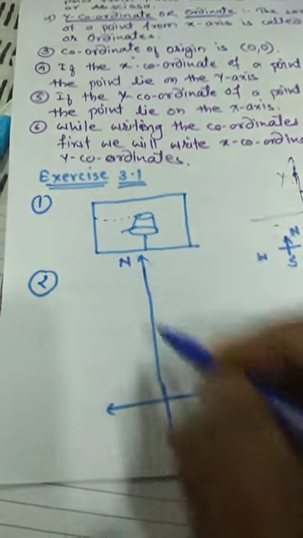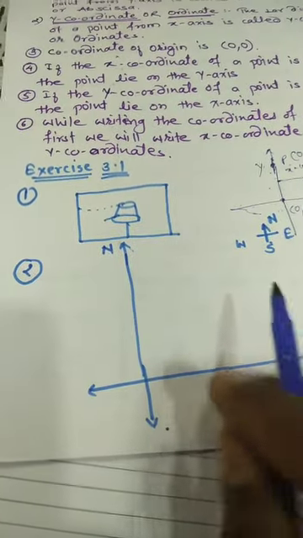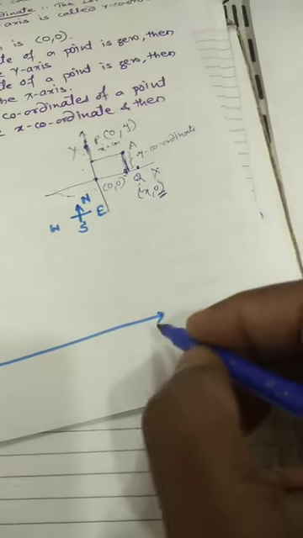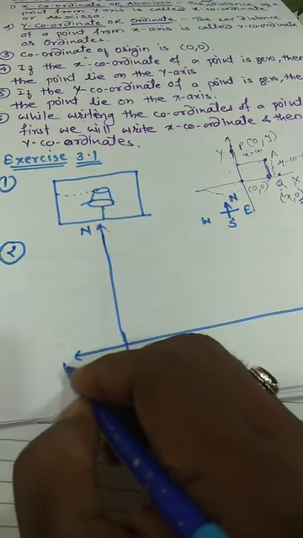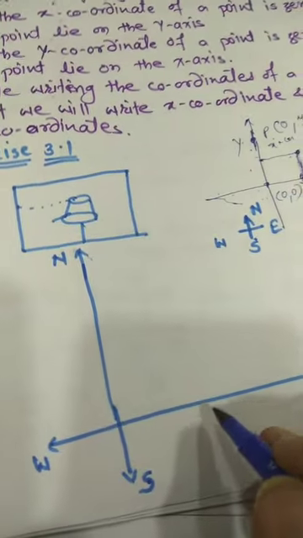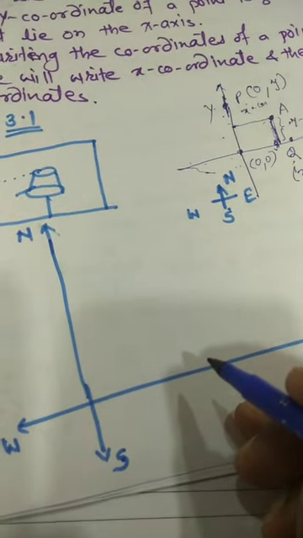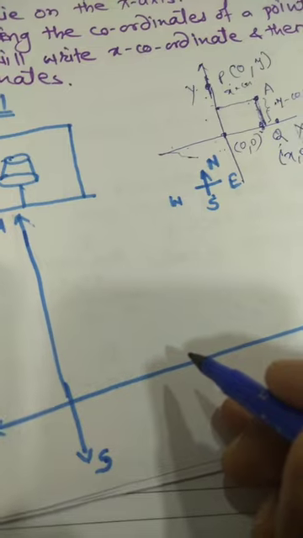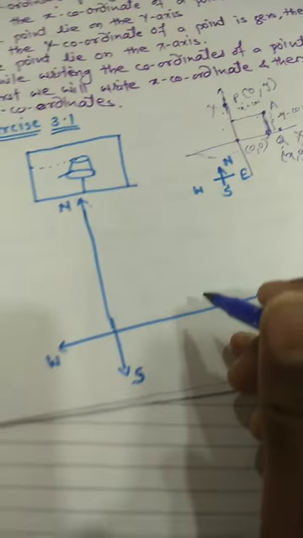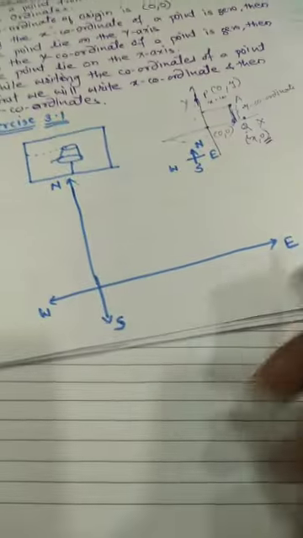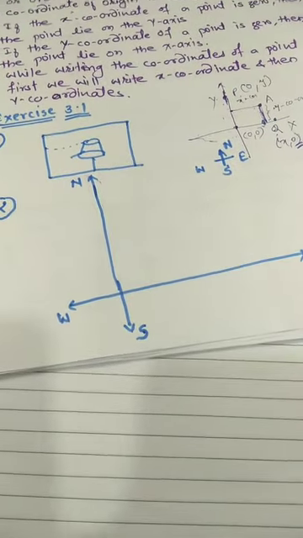This is the north-south direction, and this is the east-west direction. Now what is given in that? 5 roads are parallel to each other. 5 streets run parallel to each other, in both directions, north-south and east-west.